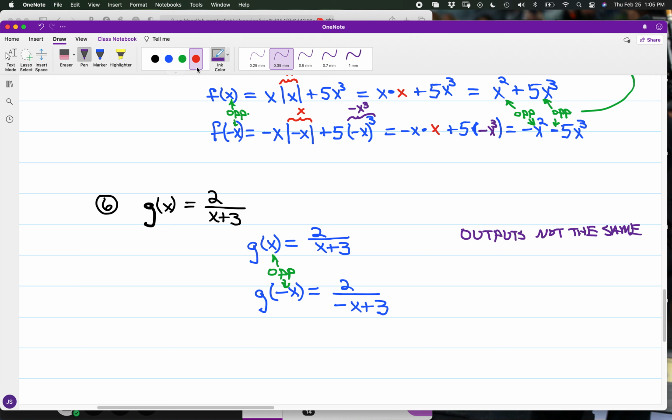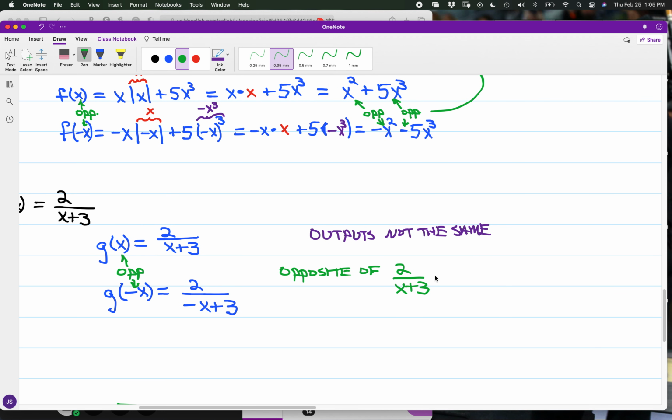Let me just mention, the opposite of 2 over x plus 3, if you're looking at the additive inverse, would be negative 2 over x plus 3.